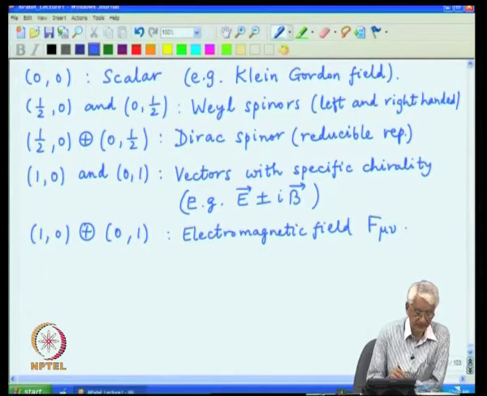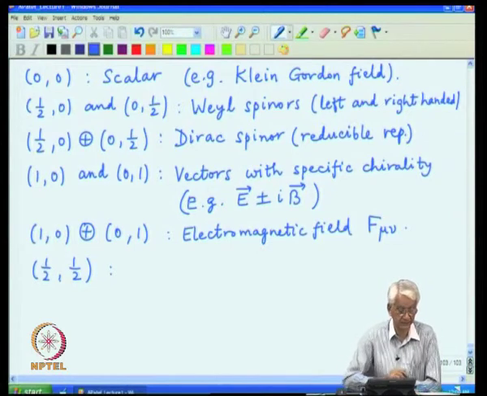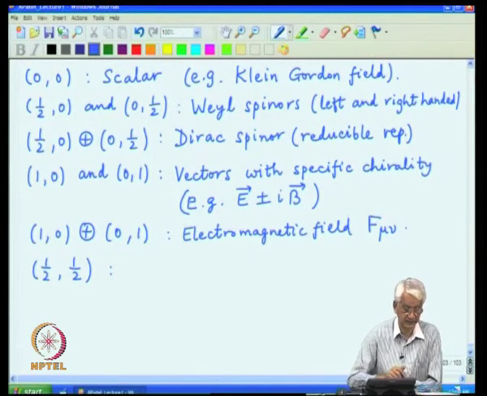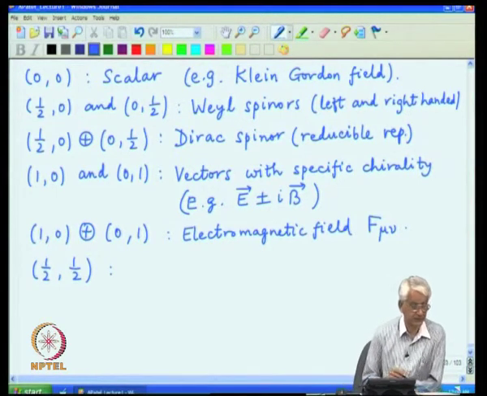The next one available is the objects with 4 degrees of freedom, which can be generated by the two components (1/2,1/2). Now, this one already has a symmetry under parity and charge conjugation, because both these numbers are equal. In addition, it has spin 1. So, this is also a vector field, but now it has 4 components.